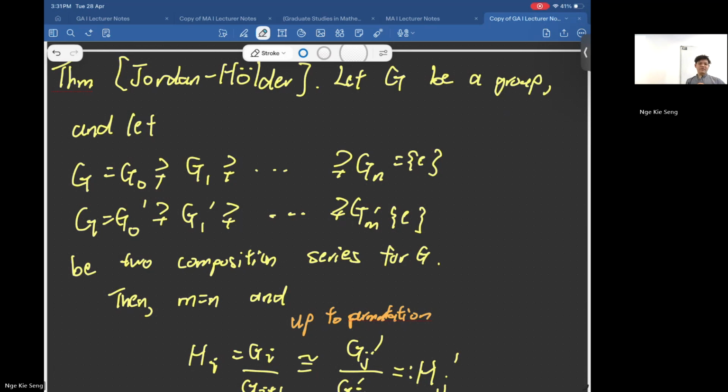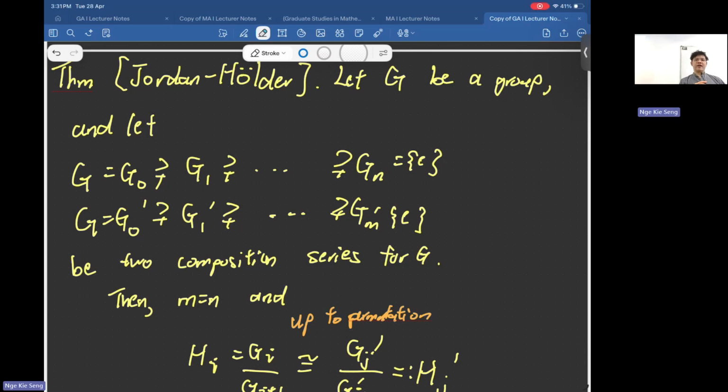So you should start with one composition series, and then argue by induction on n. If n is 0, then on both you only have one way to write it down, so it is the same. Because if n is 0, then G is trivial, like we remarked just now. The length is 0, there's nothing to do.